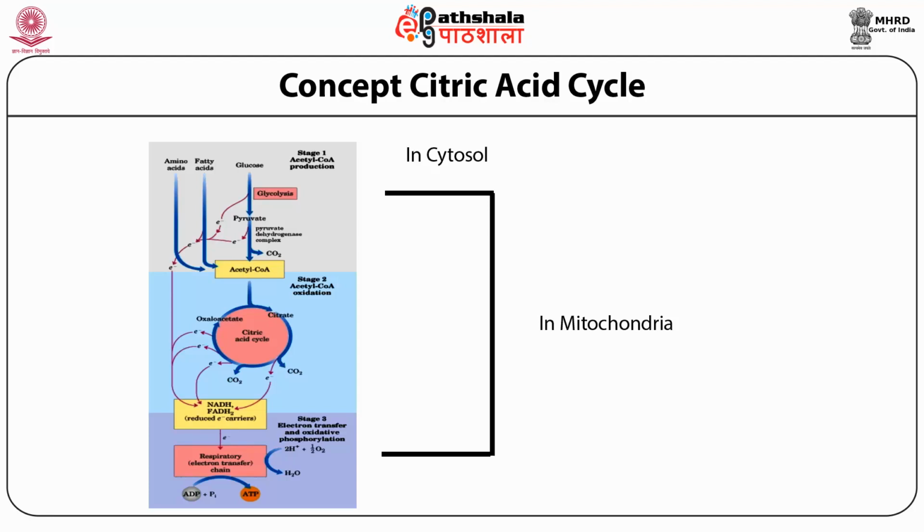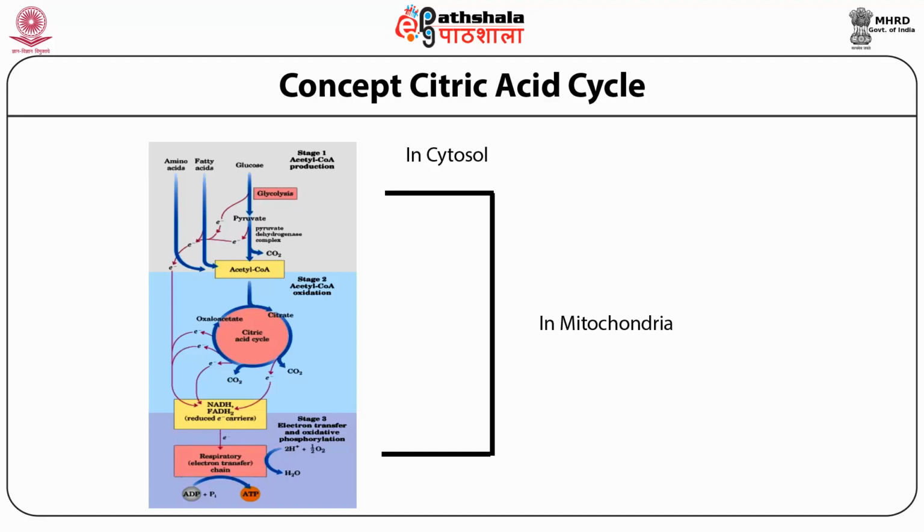The importance of the citric acid cycle to many biochemical pathways indicates that it was one of the earliest components of cellular metabolism and may have originated abiogenically.